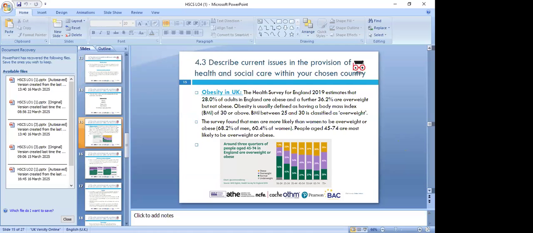Okay. So the Health Survey for England 2019 estimates that about 28.0% of adults in England are obese, and a further 36.2% are overweight but not obese. So there's obesity and there's overweight. Obesity is extreme, okay?